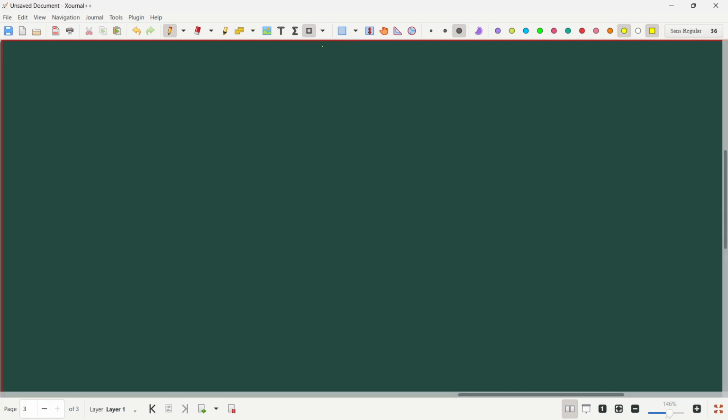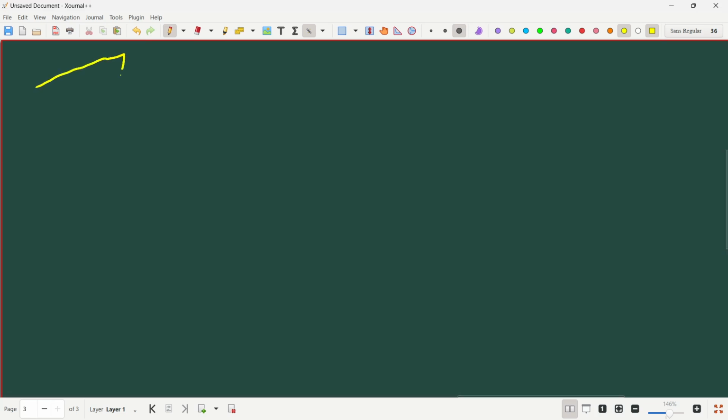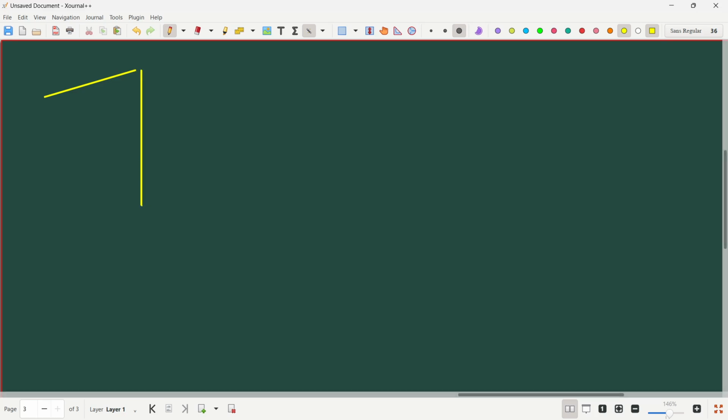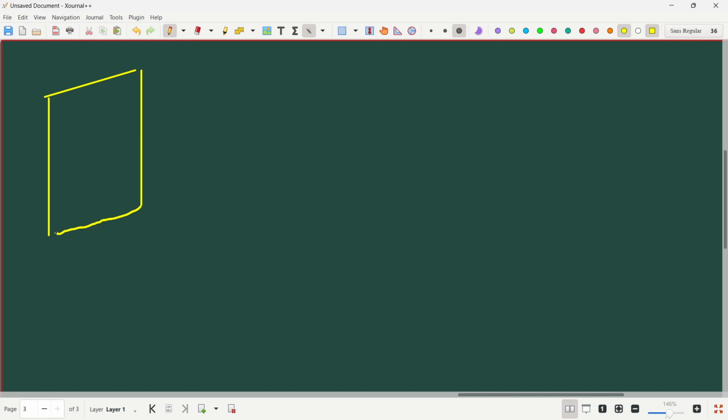All right, what I'm going to do is take two metal plates, square plates. I have this metal plate here. I think it's aluminum.